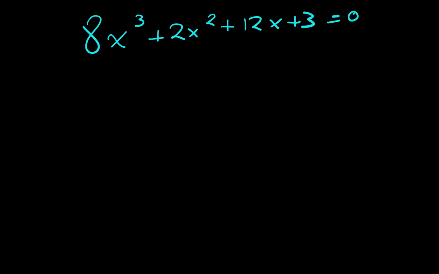Here we're given a polynomial, and what we're going to do is factor by grouping. So in this situation, we can group the 8x cubed and 2x squared and the 12x and 3.